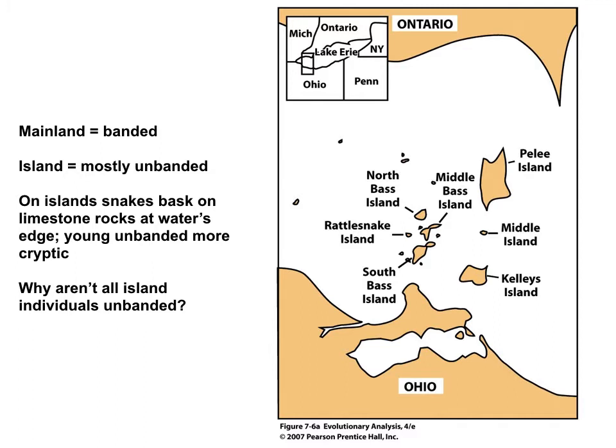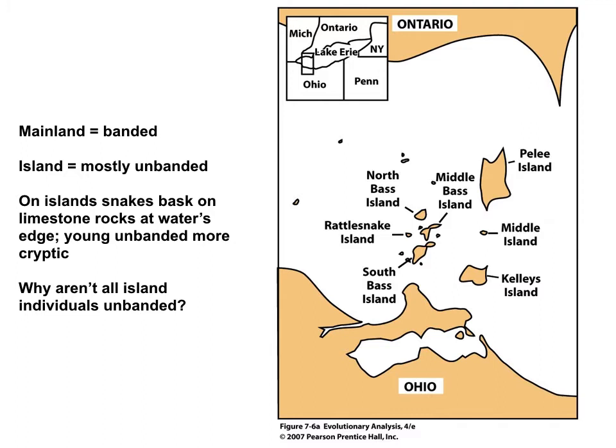They have a peninsular mainland population. And what they found is that in the mainland populations, the snakes were almost exclusively banded. Almost all of them were banded. When they looked at the different islands, they saw that most of the snakes were unbanded. There were still banded snakes out there, but most of them were unbanded.